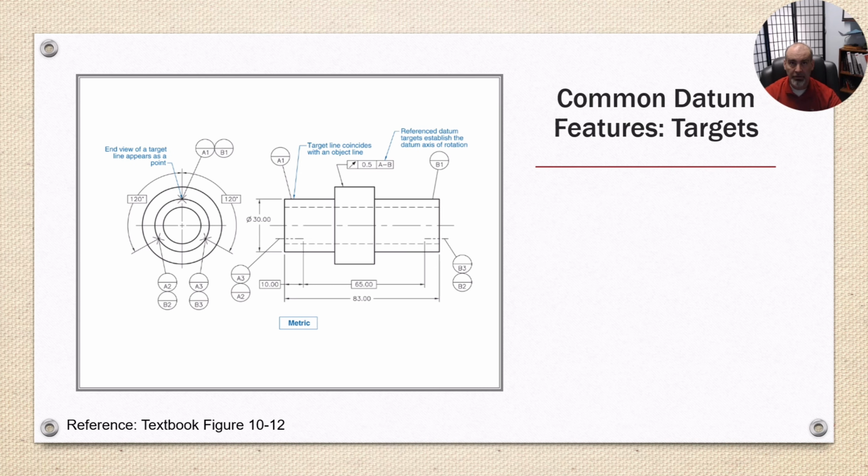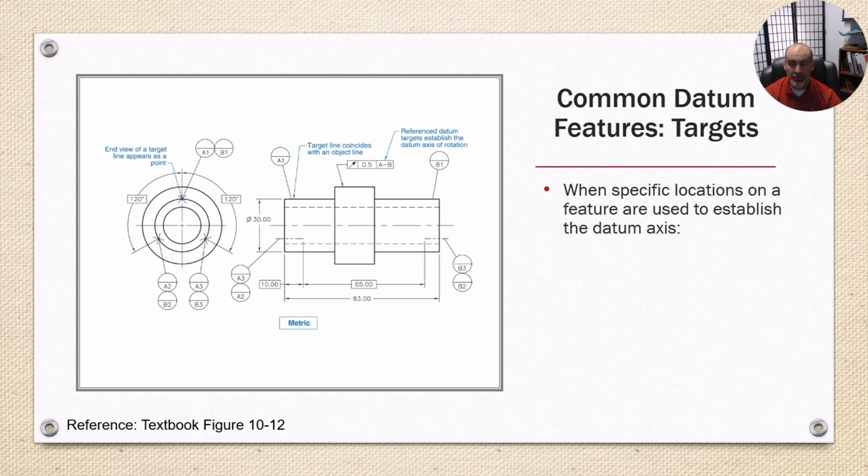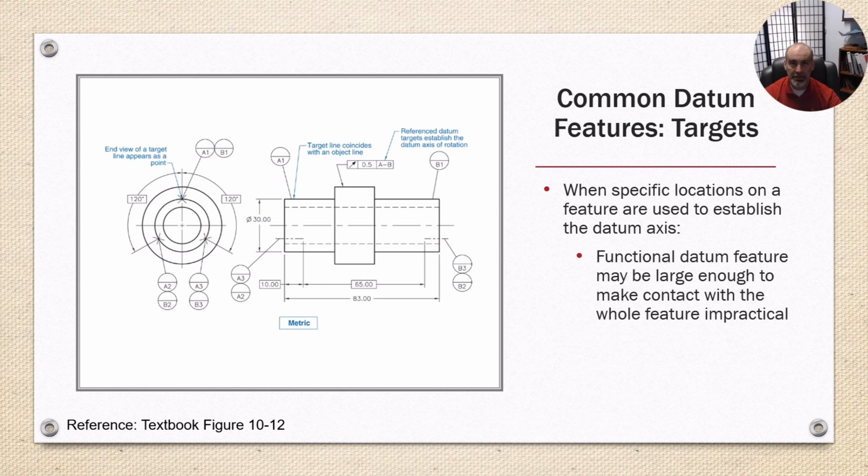Okay, so common datum features, if you're using targets, when specific locations on a feature are used to establish the datum axis. A functional datum feature may be large enough that making contact with the whole feature is impractical, or when irregular features require specific locations to be located.